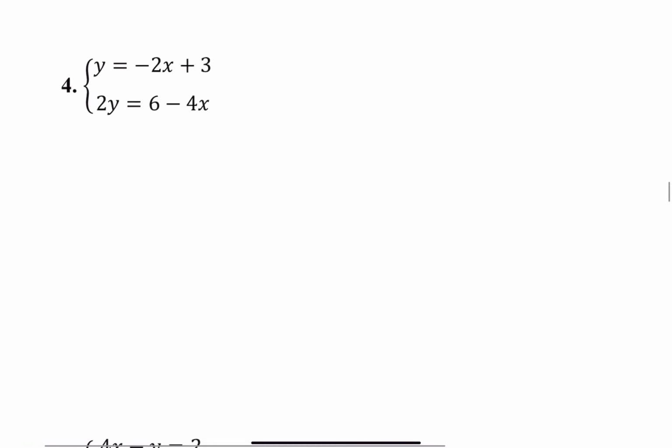On number 4, I would probably choose the substitution method. The reason being is I actually already have y solved for. So again, I'm going to use substitution here. You could have done elimination pretty easily just by multiplying everything by 2. Actually, you wouldn't need to multiply by minus 2 to get the cancellation there.